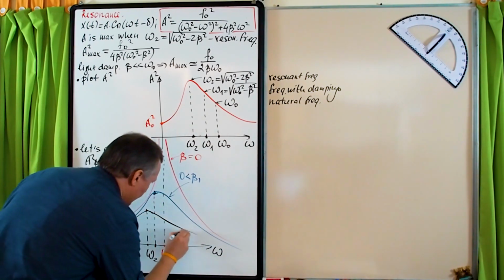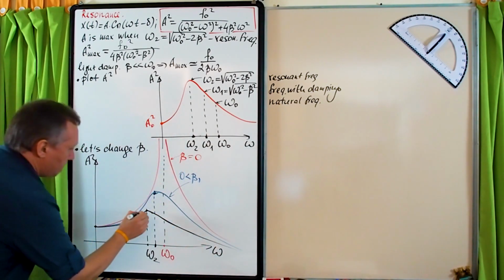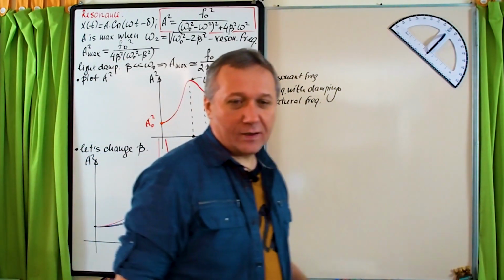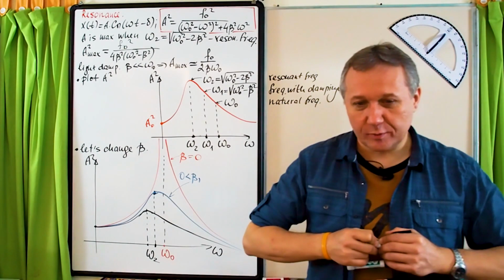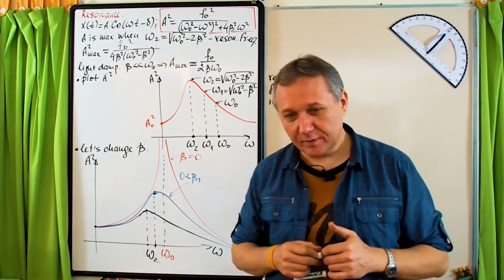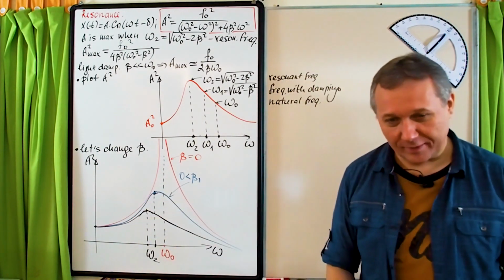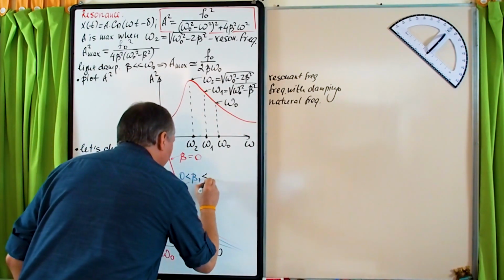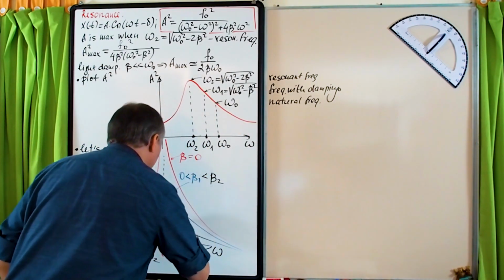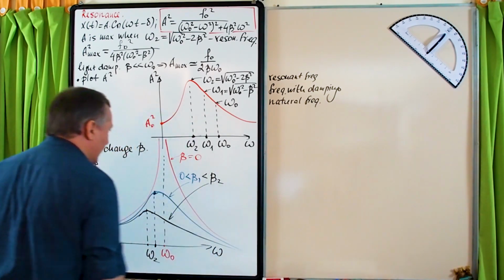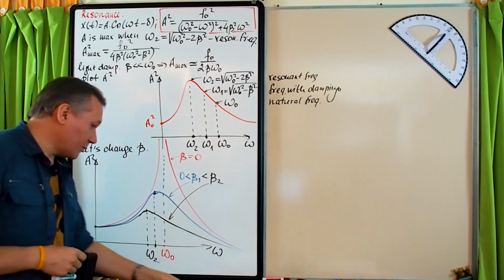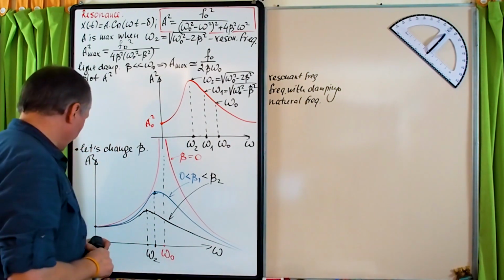Again, the maximum amplitude is getting smaller, and the curve is getting wider. So this will be for beta 2, which is larger than beta 1, and so on. You can continue. So you see it's getting smaller and wider.